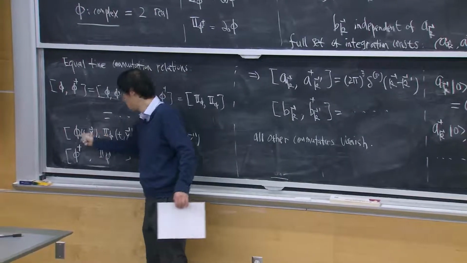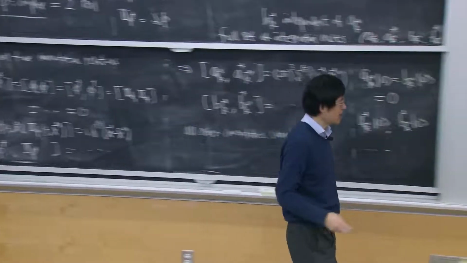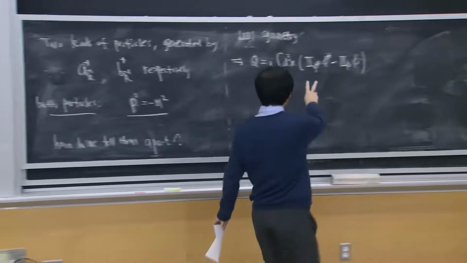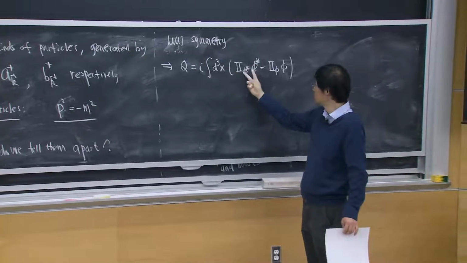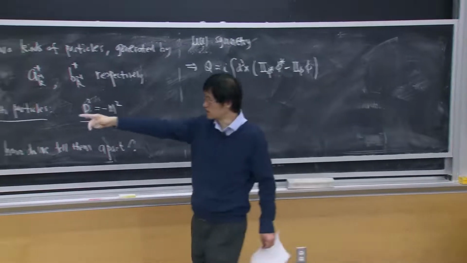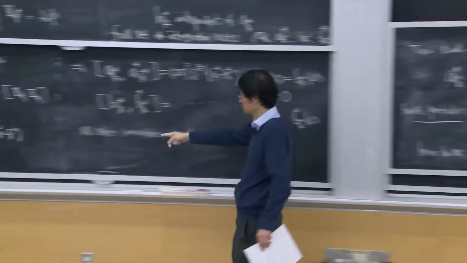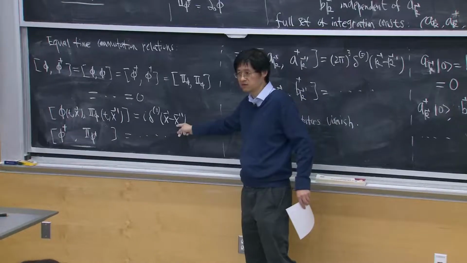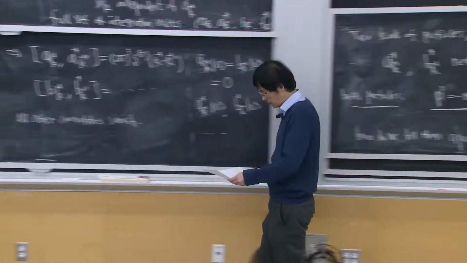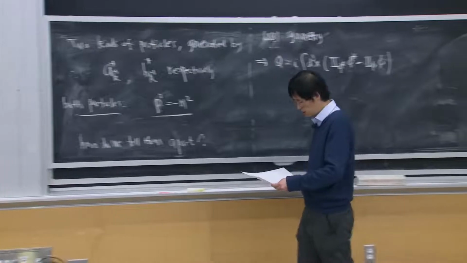Here we have phi multiplied by its conjugate momentum, and if we change the order, we get a delta function, and that will give rise to an infinity.